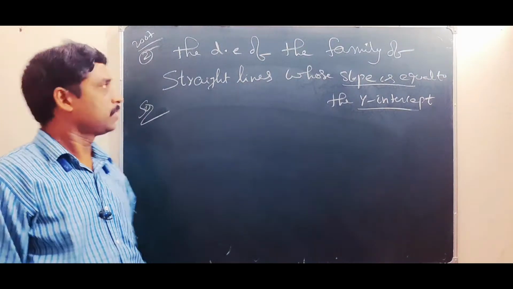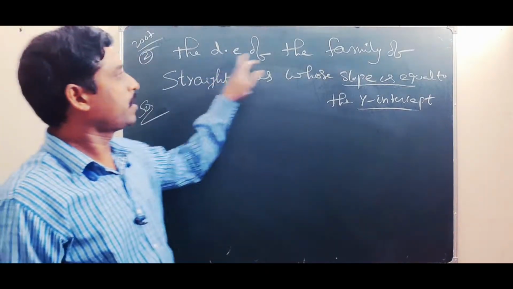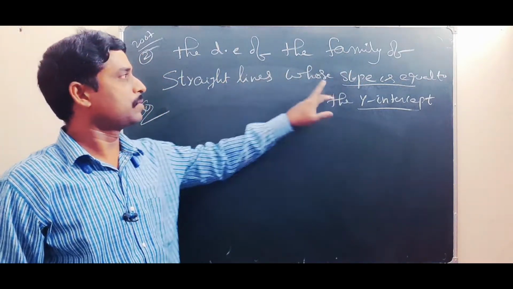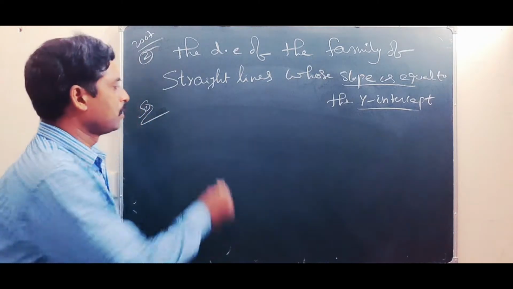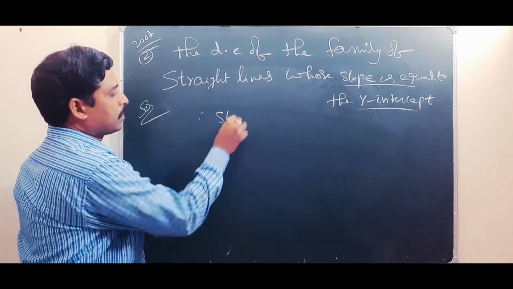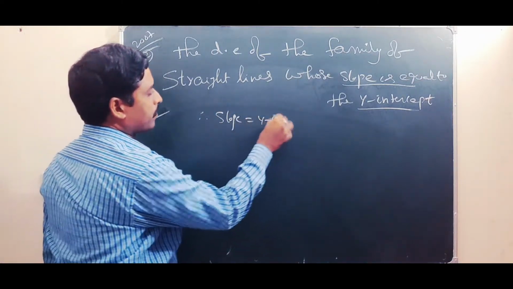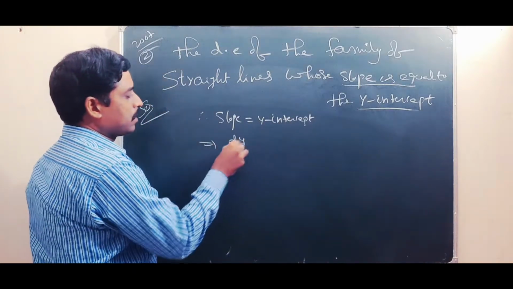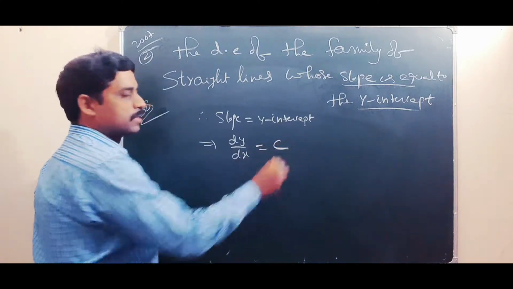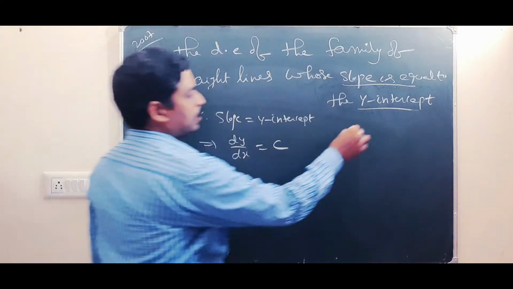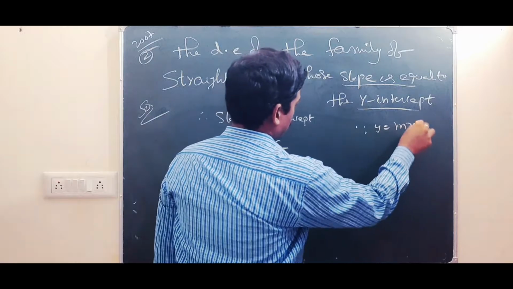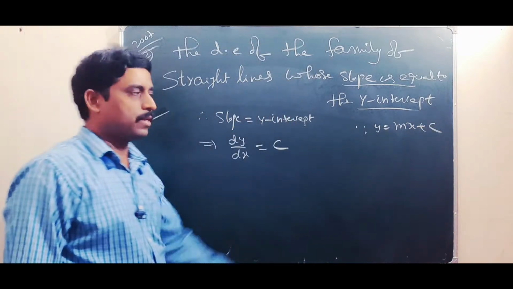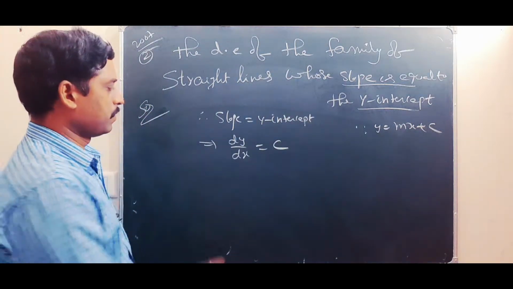Okay, moving to the next question. This is from 2007. The differential equation of the family of straight lines whose slope is equal to y-intercept. So what is given? Slope is equal to y-intercept. Slope denoted by dy by dx is equal to y-intercept c. Let us take the straight line y is equal to mx plus c, where c is the y-intercept.